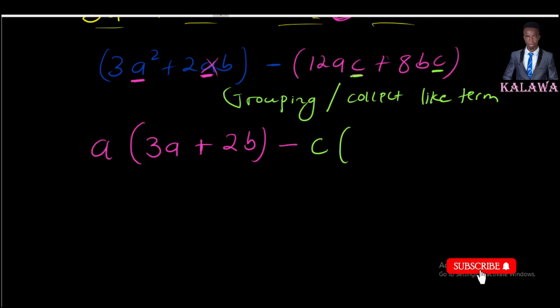But remember, after you have taken the variable out, which is common between the two terms, you ask yourself about the coefficient that is common between them. Remember, we have two coefficients here. We have 12 and we have 8. So you ask yourself, among 12 and 8, which number can you divide both by without any remainder?